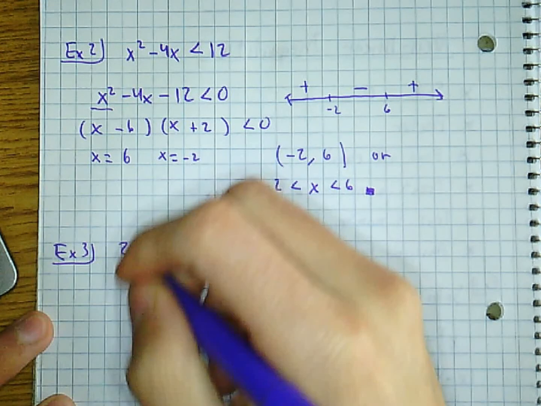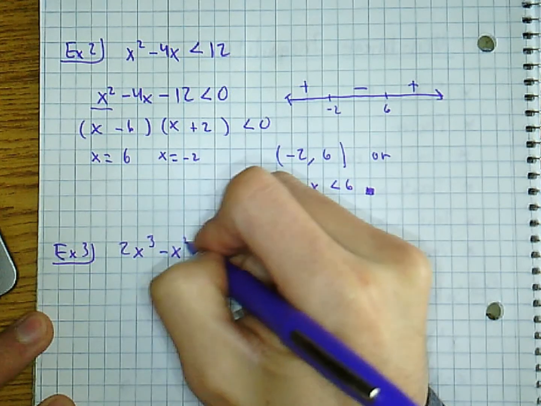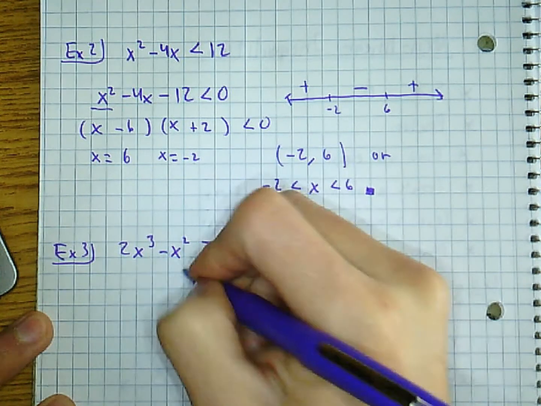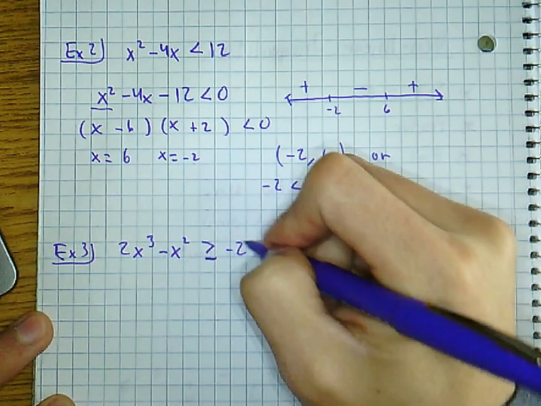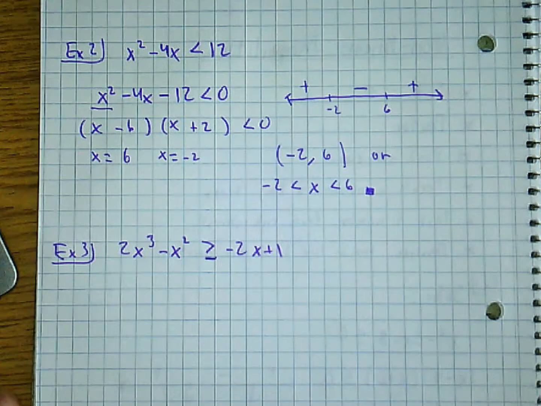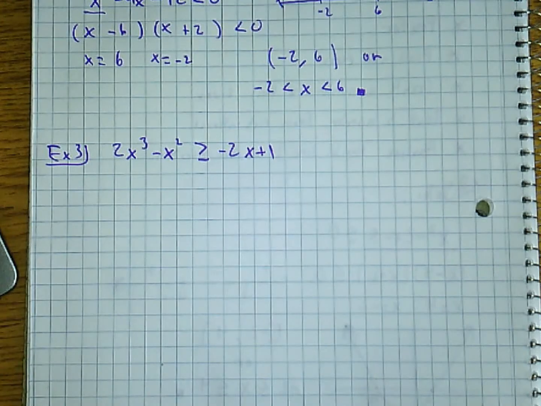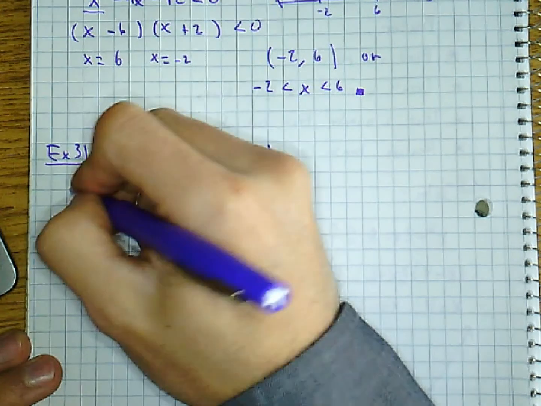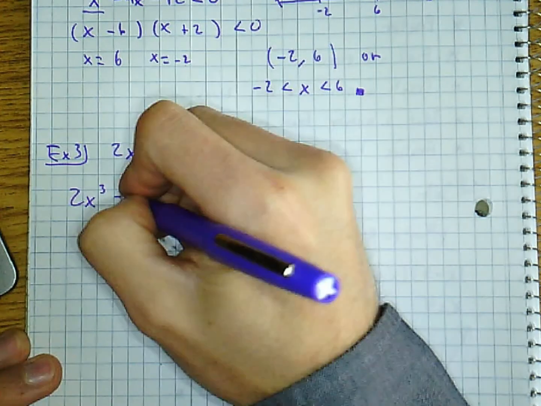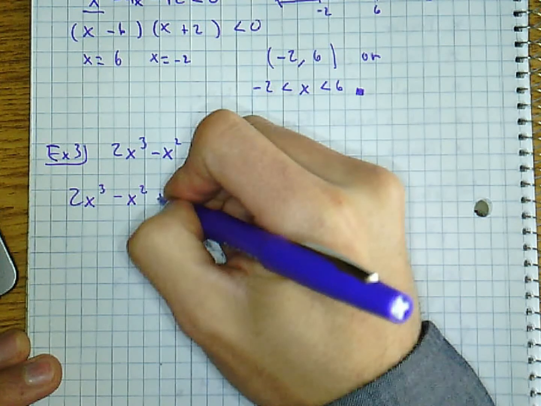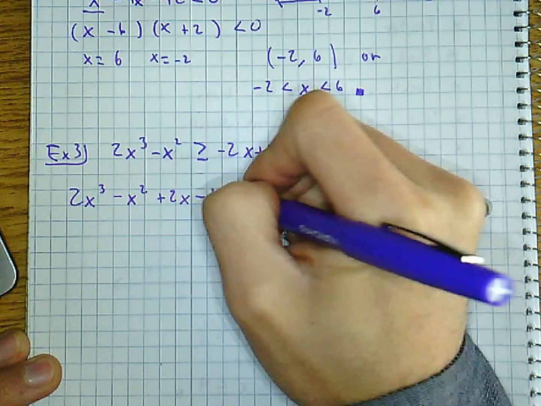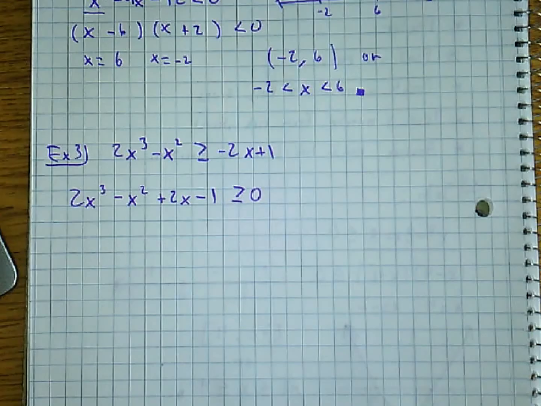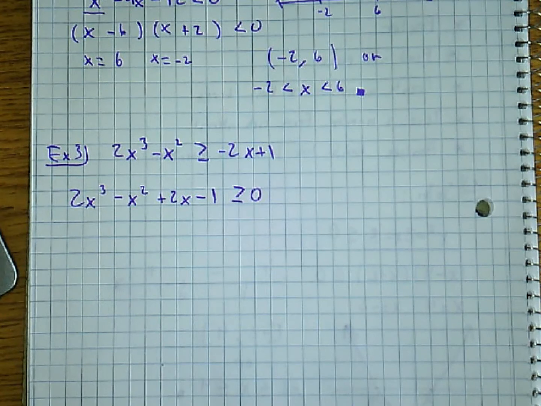2x to the third power minus x squared such that you are greater than or equal to -2x plus 1. Step 1, let's set it equal to 0. So 2x to the third minus x squared plus 2x minus 1 such that we are greater than or equal to 0. We're going to try factoring by grouping on this example.